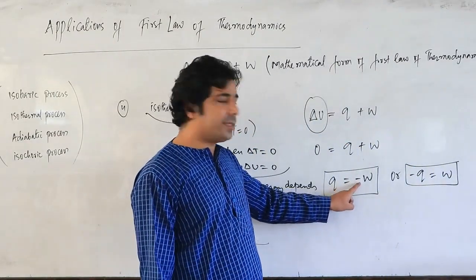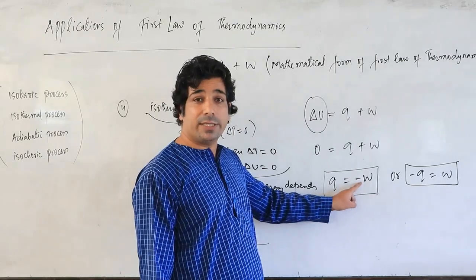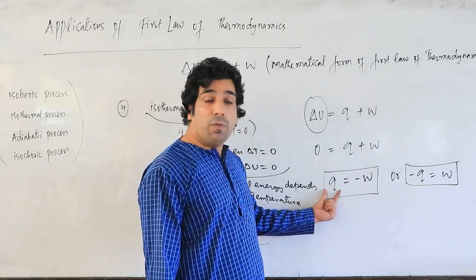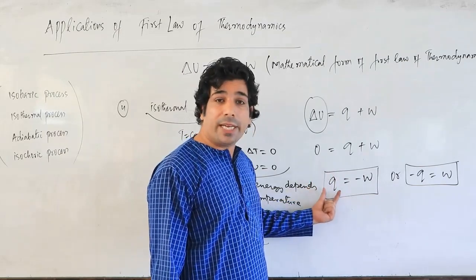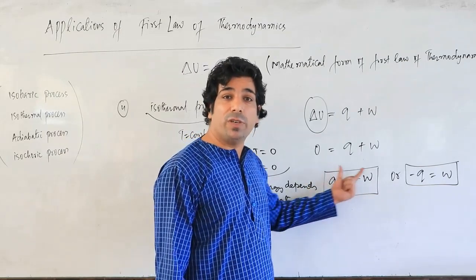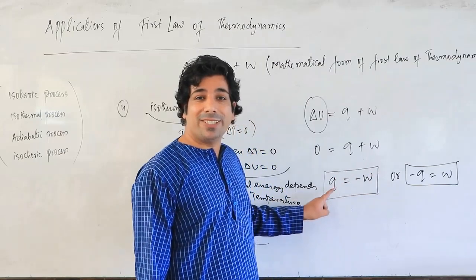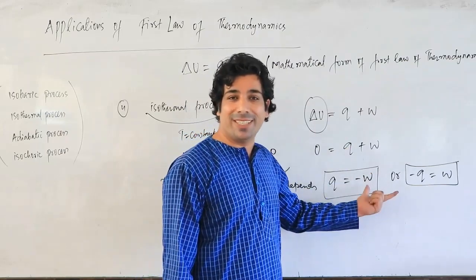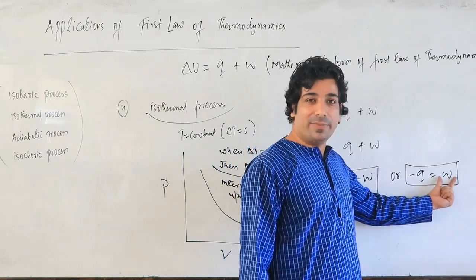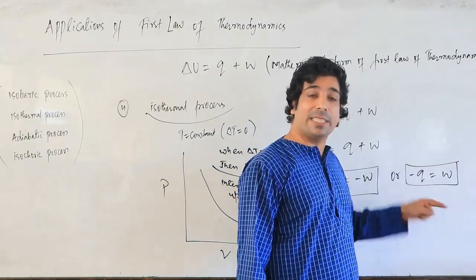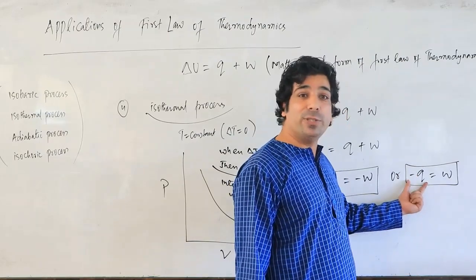What is the meaning? Work is done by the system, and here the system is absorbing the heat. So the heat absorbed by the system is equal to the work done by the system. That means the system is absorbing the heat and doing the work. Yes or no? Here work done on the system means work is done on the system and simultaneously the system is losing the heat.